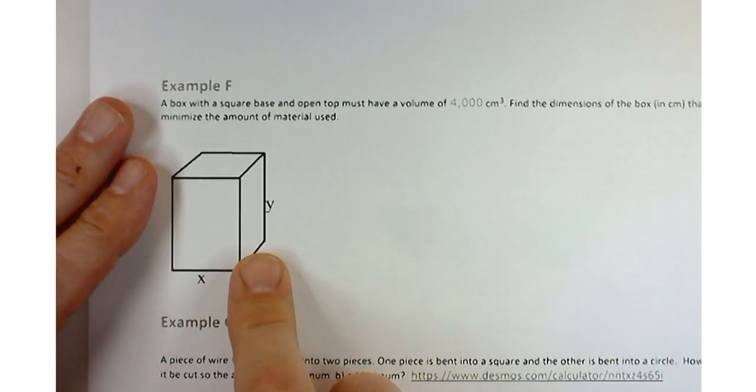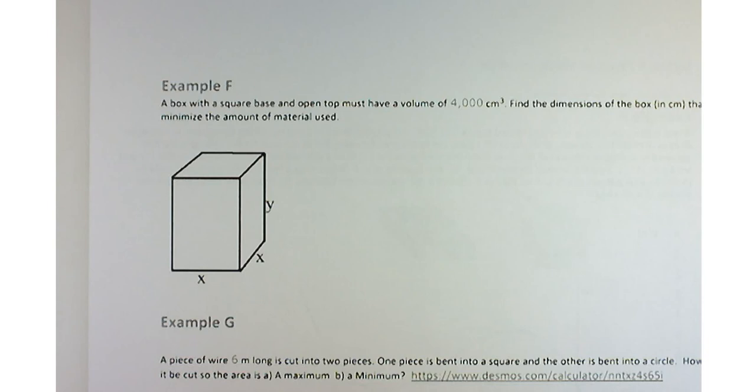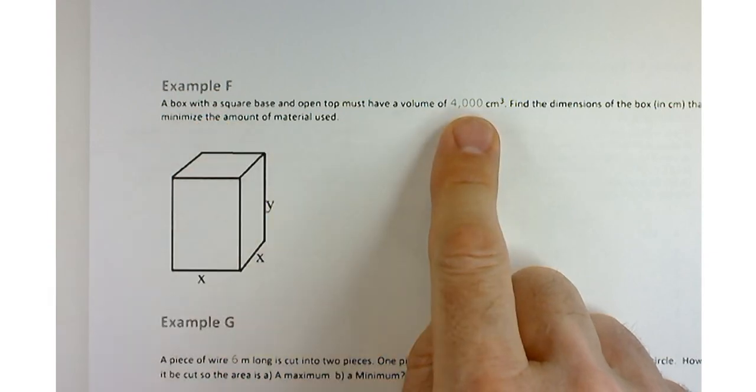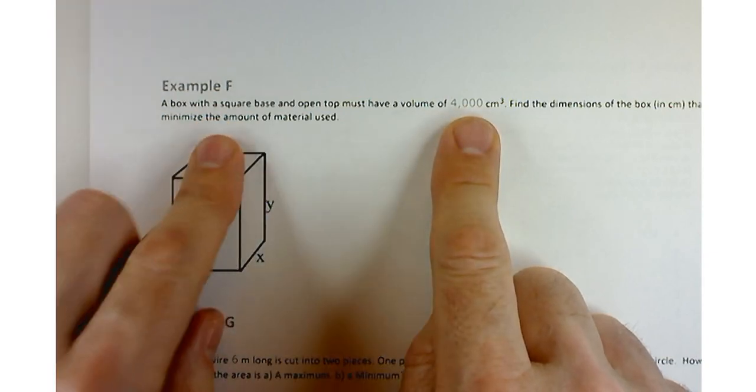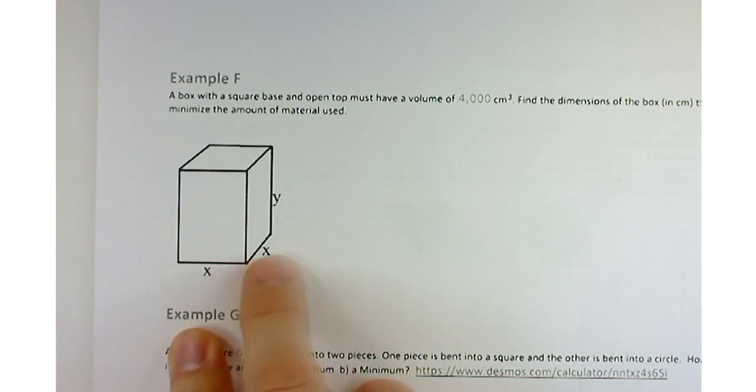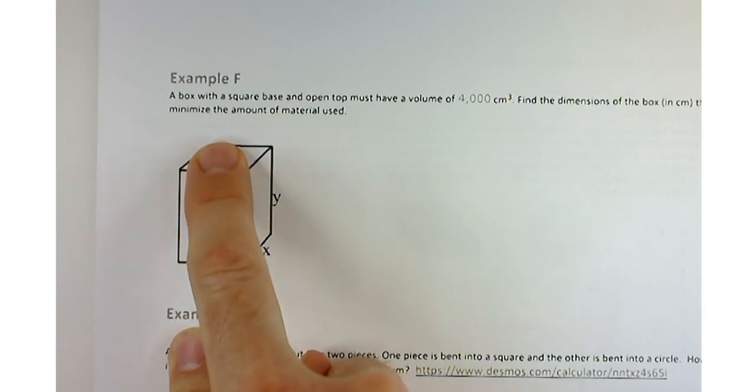So we're gonna try and find the volume of a box that has a square base and a given volume. I wanna find the dimensions that minimize the amount of material used. What's the amount of material used gonna relate to? Well, it's gonna be the bottom, and then the four sides, and then the top.